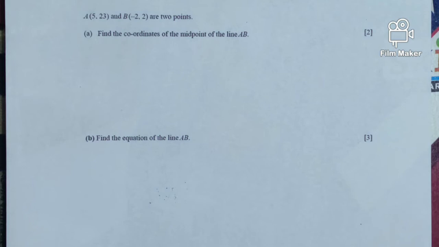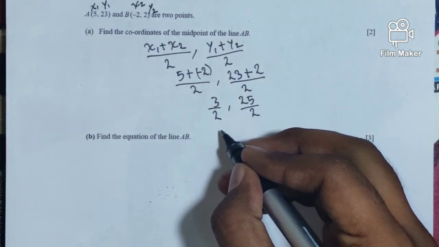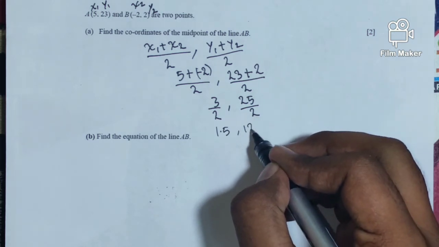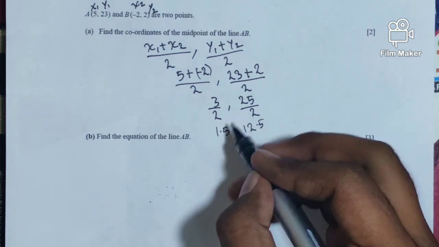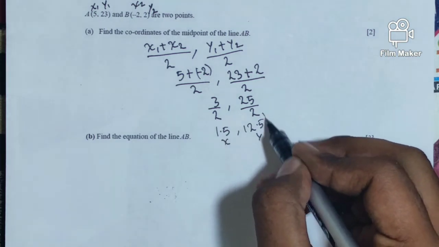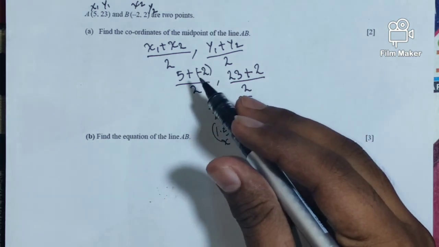If we simplify it, it would be 3 by 2, comma, 25 divided by 2, which is 1.5 and 12.5. So these are the coordinates, the x-coordinate and the y-coordinate. This is the final answer for this part of the question.